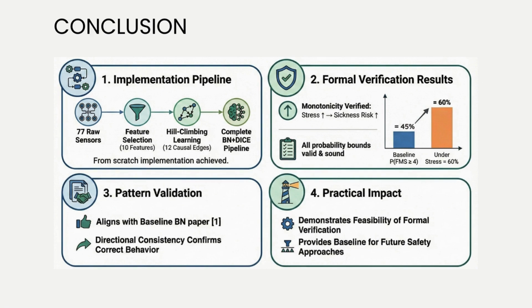Our baseline model got 45% severe cyber sickness risk and increased to 60% under high stress, which is consistent with the baseline paper. This implementation demonstrates the feasibility of formal verification and also provides the baseline for future safety approaches.